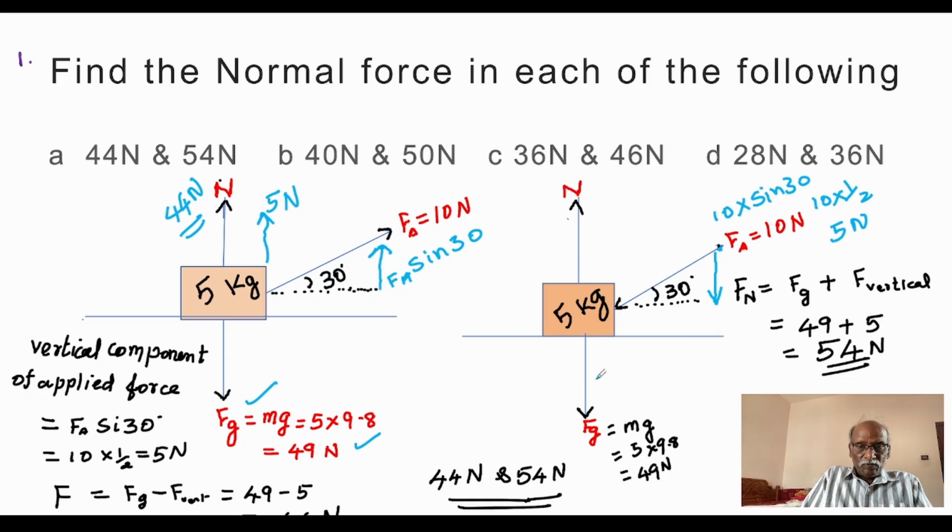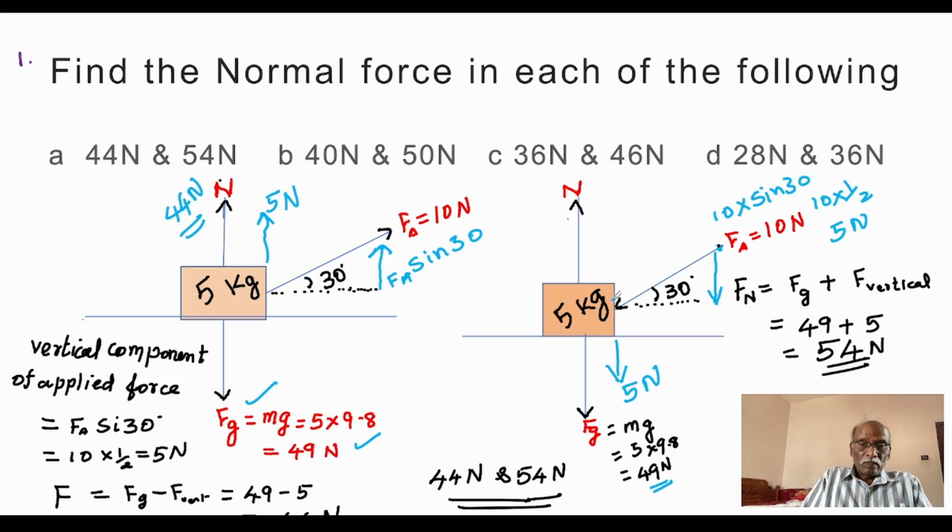There is a downward force again along with Fg, 5 Newton. Here the 5 kilogram mass is acting downward due to the gravitational force mg, which is 49. We have found already 49 Newton. An additional force of 5 Newton is acting downward due to the pushing effect.